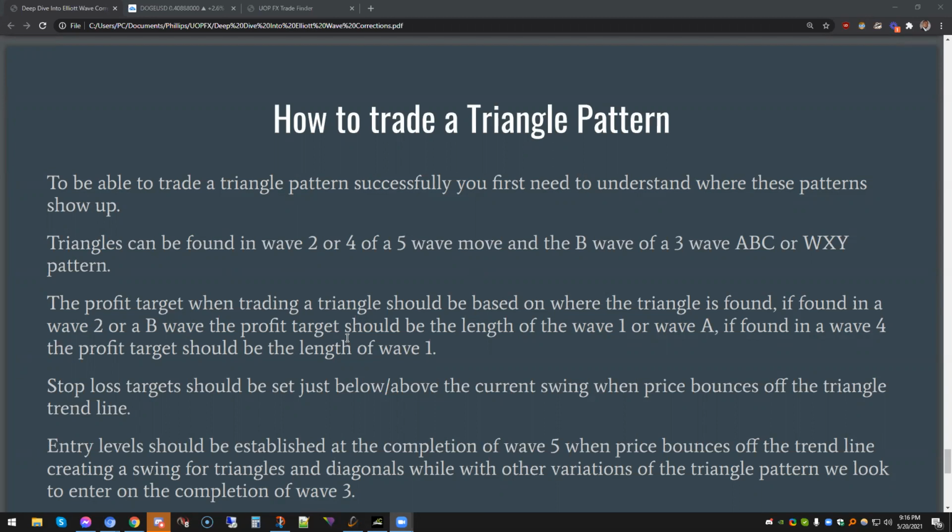While with other variations of the triangle pattern, we may look to enter on the completion of wave 3, because in patterns like the wedge and the pennant, they may only consist of 3 waves. So we'll be looking for entries at the wave 3 of those types of formations as well.